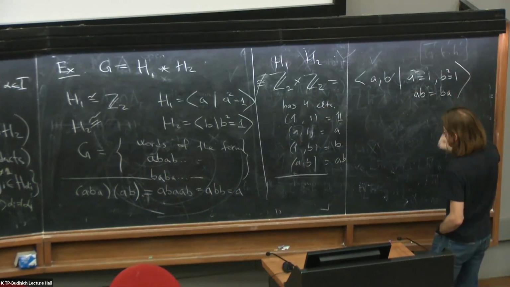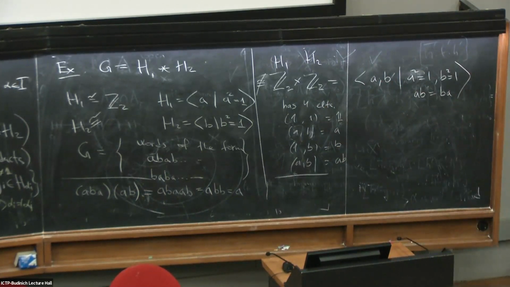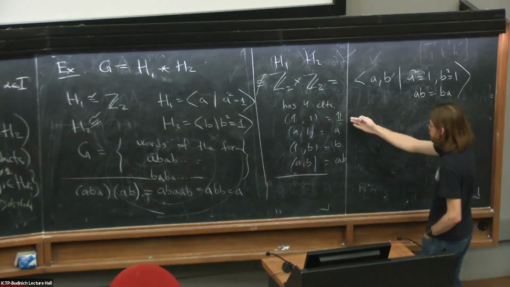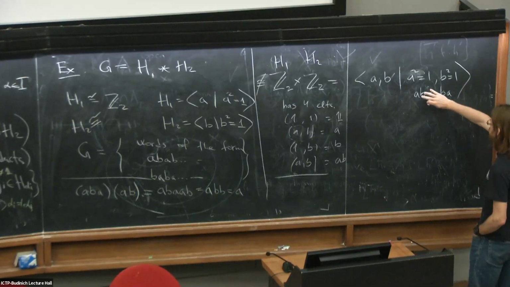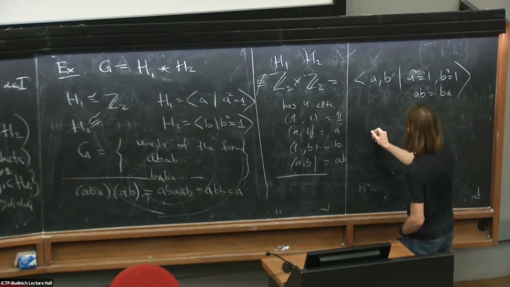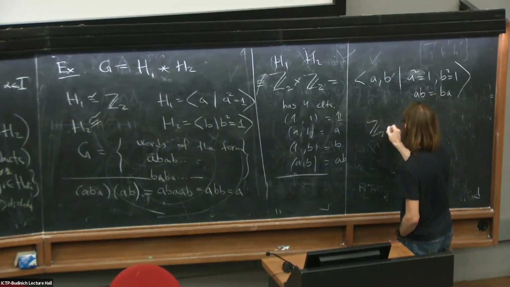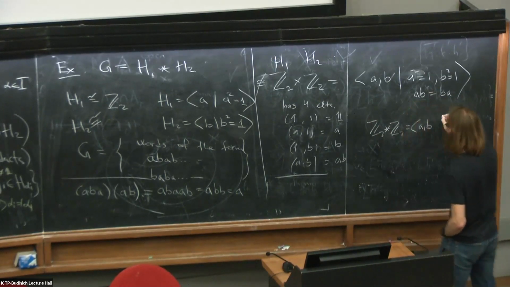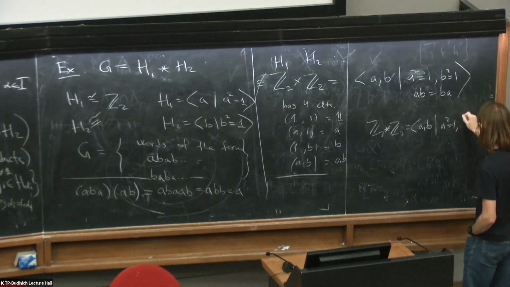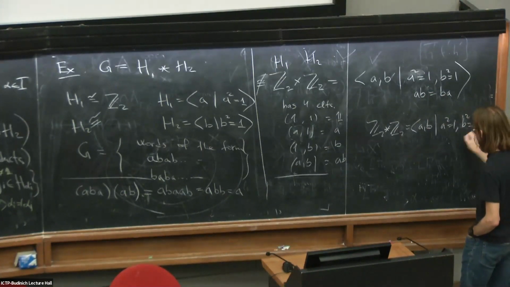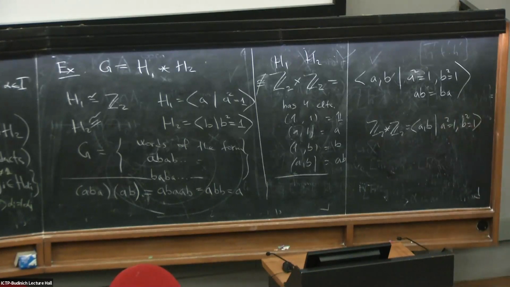We don't get anything new apart from this. So the difference from this point of view is that the free product can also be generated by the same elements, but the only relations are those inherited from the individual groups, and there is nothing else. But here you have an additional relation where these two elements commute.